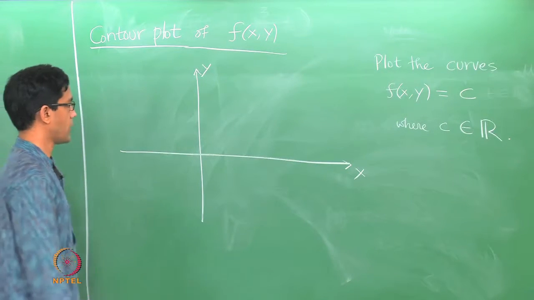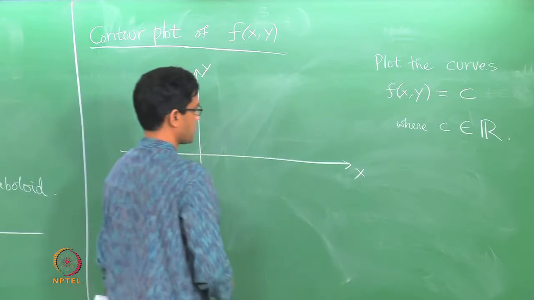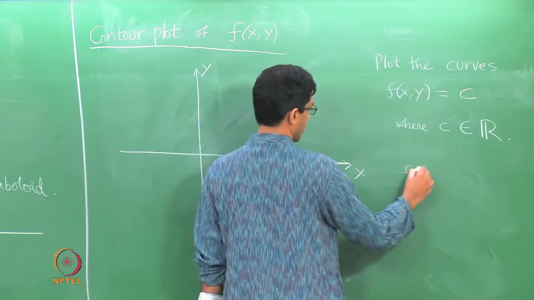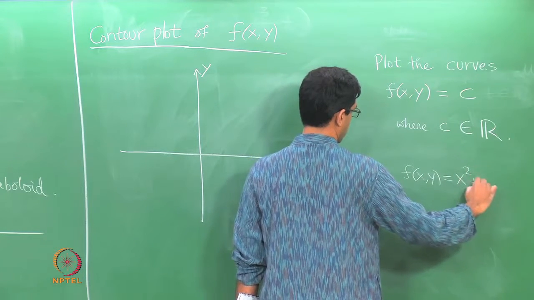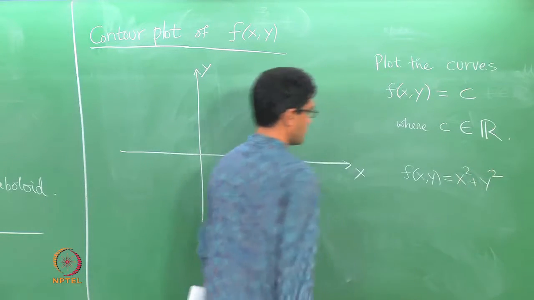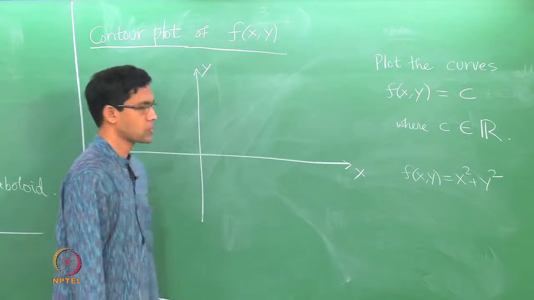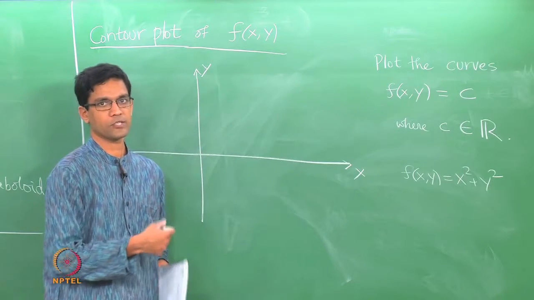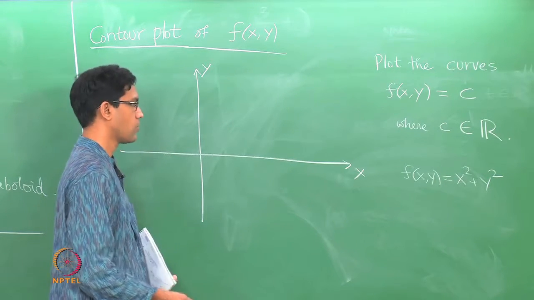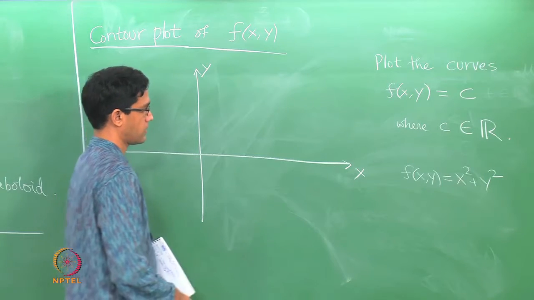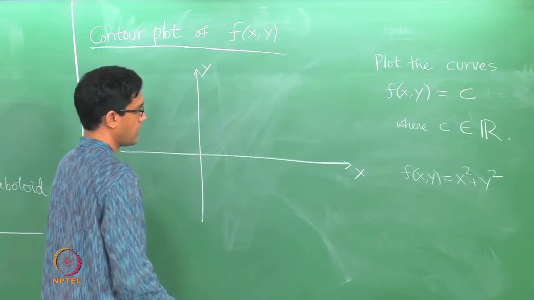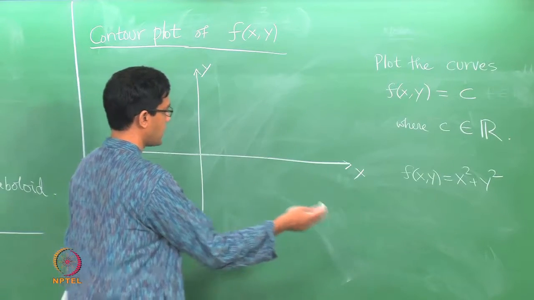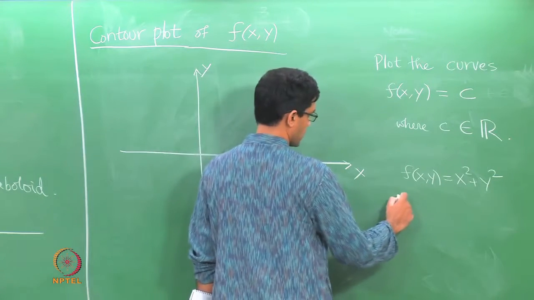Okay. So, let us look at what this would have meant in the example that we just wrote out. If I take the function f of x y equals x squared plus y squared, notice that being a sum of two squares, the value of this function is always positive or 0 or higher, and if you take pretty much any constant c, the curve f of x y equals c is just the curve.